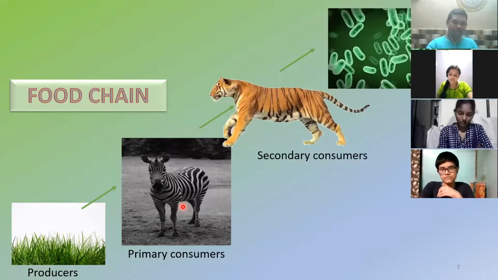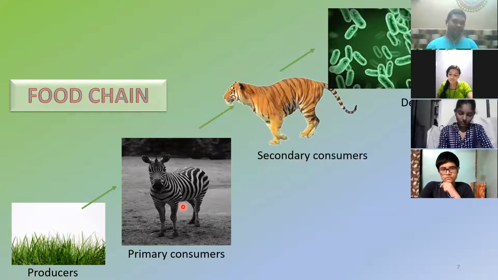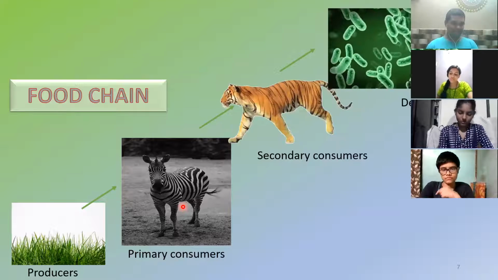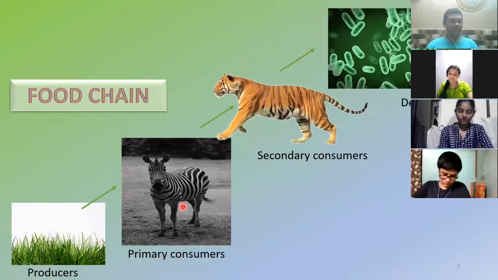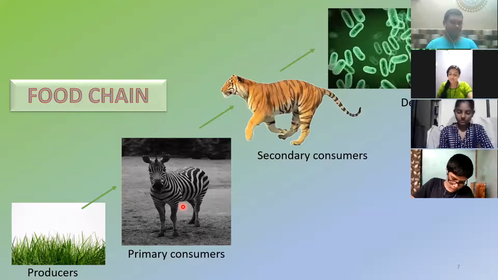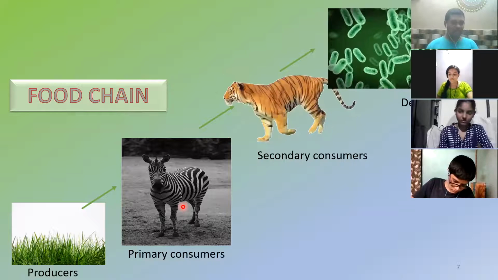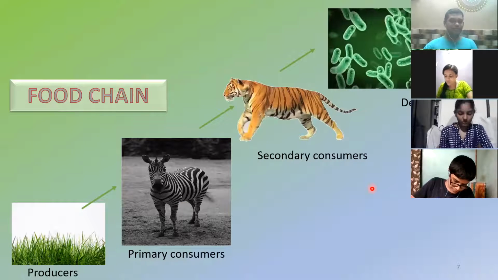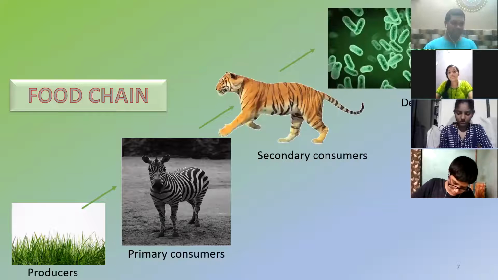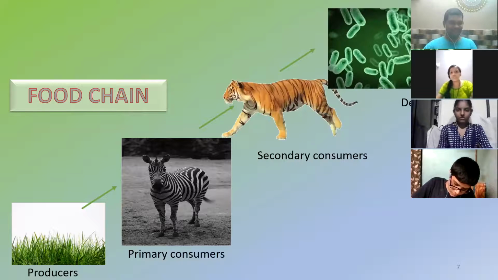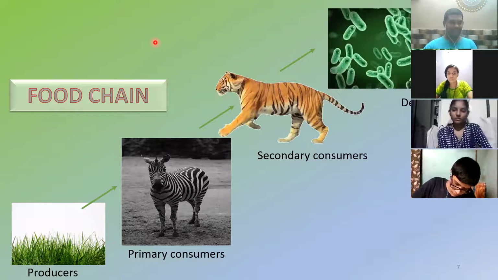And the last ones are decomposers, because they bring about the decomposition. They are equally important. Imagine in nature, if all the microorganisms just vanish, no decomposers, what will happen?